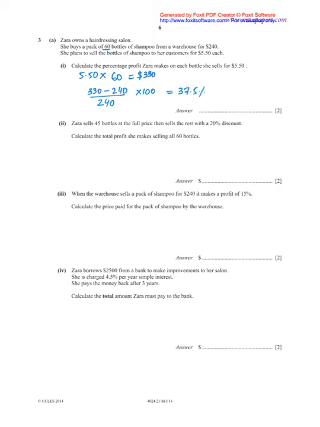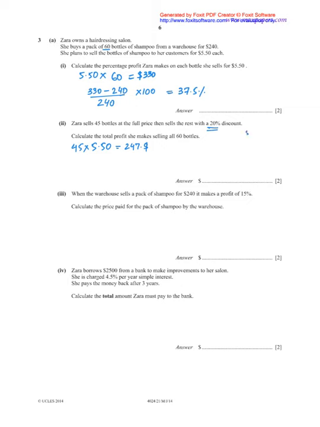After that, Zara sells 45 bottles at the full price, then she sells the rest with a 20% discount. Alright. So for 45 bottles the price is full, that is 5.50. So it is equal to $247.5, right? And for the rest of the bottles she sells with a 20% discount.